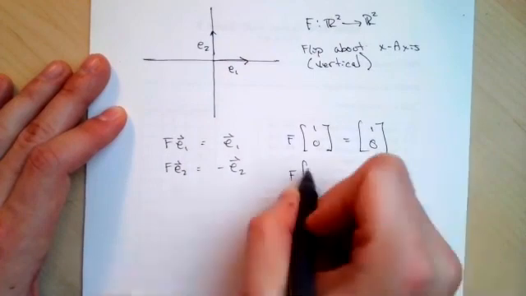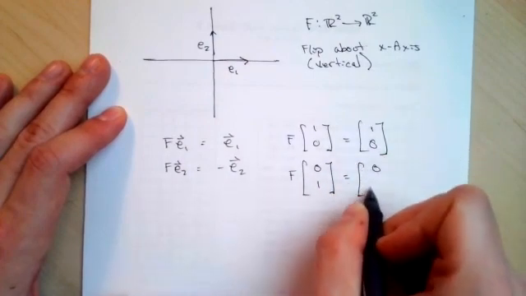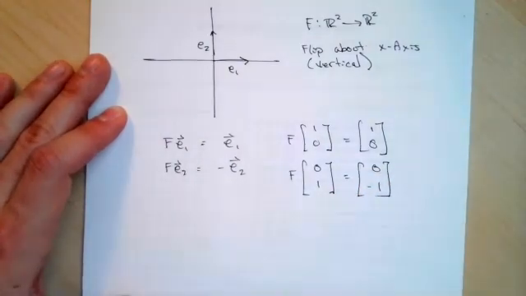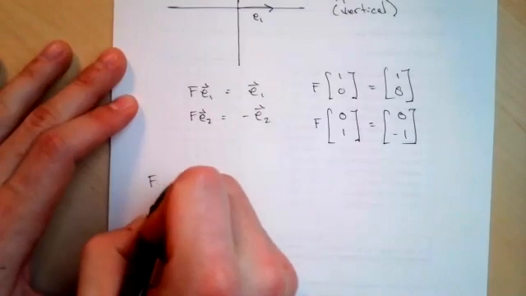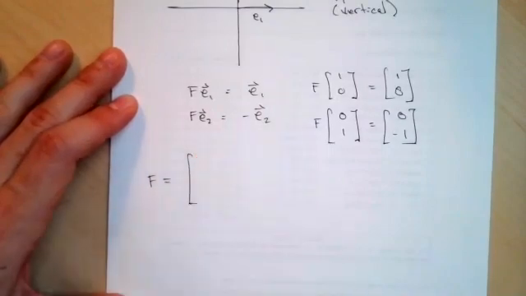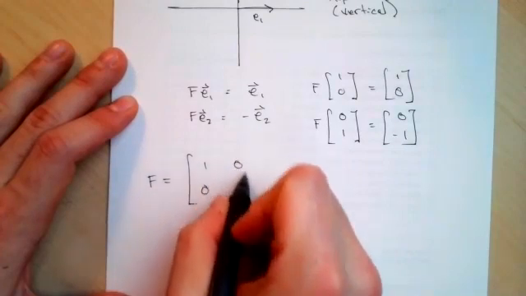F of 0, 1 just goes to 0, minus 1. And so we got an easy matrix for that. Our flip transformation corresponds to 1, 0, 0, minus 1.